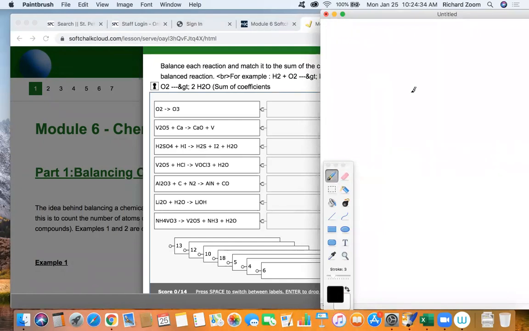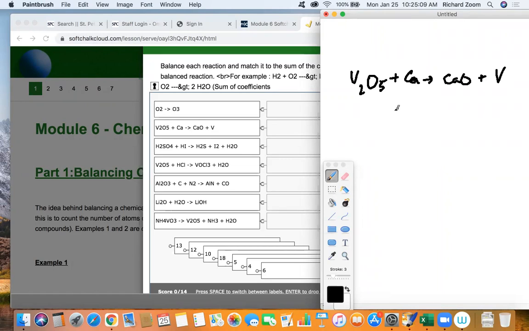Let's look at V2O5 plus Ca gives CaO plus V. When you're looking at this, it doesn't really matter as much because we only have one of each thing on each side. But I'll show you some examples where there's certain times you wouldn't start with something. Like if you had an oxygen here and an oxygen here, you wouldn't start with oxygen.